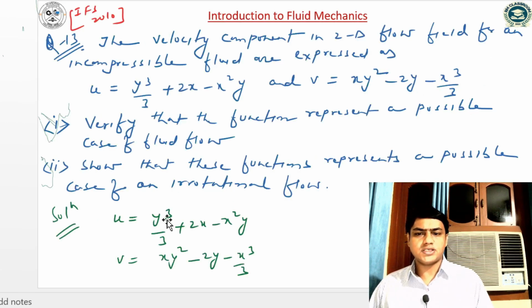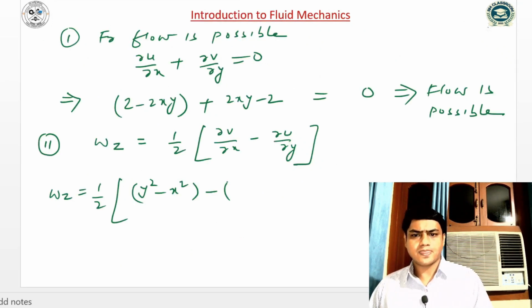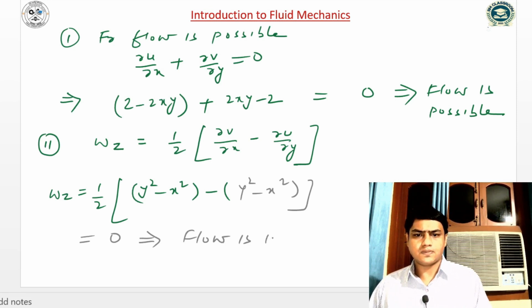Del u by del y is y square minus x square. So it is 0, means flow is irrotational. Flow is irrotational.